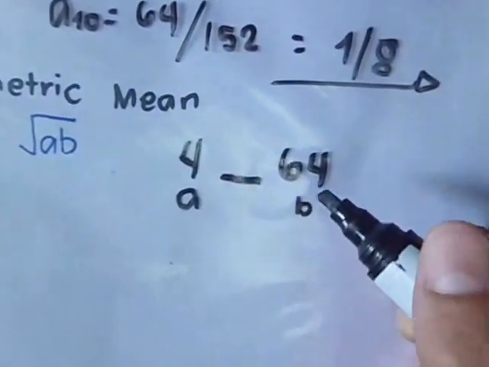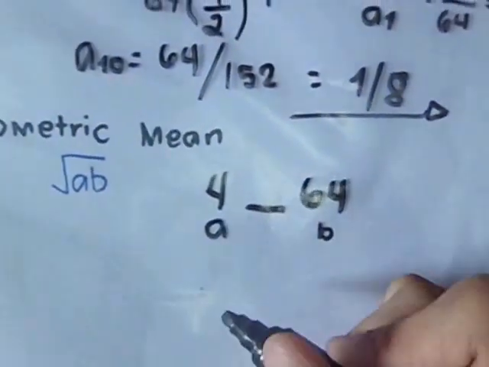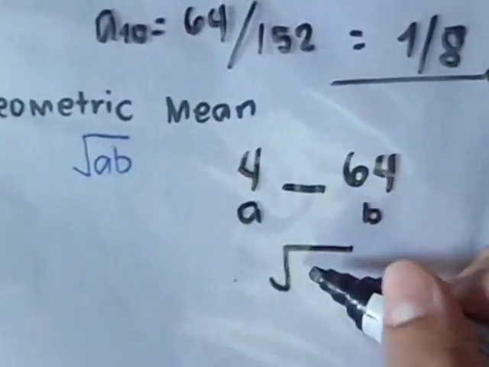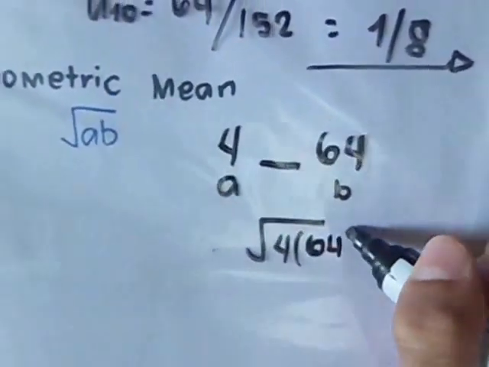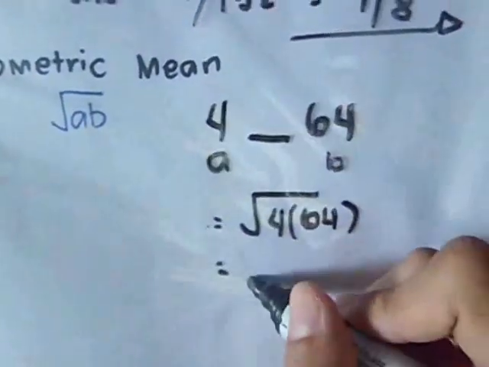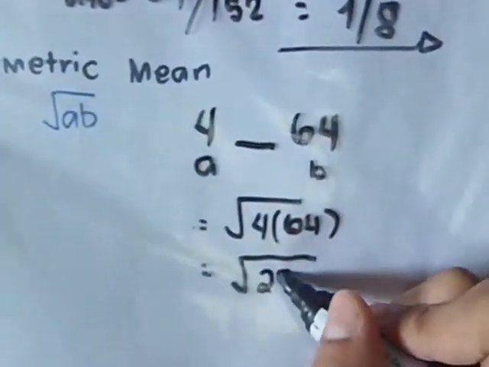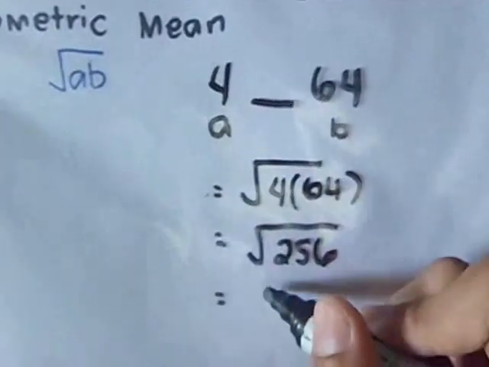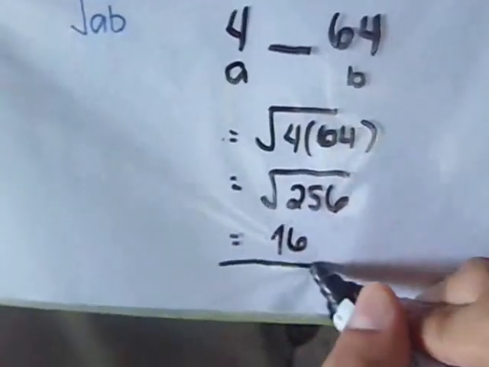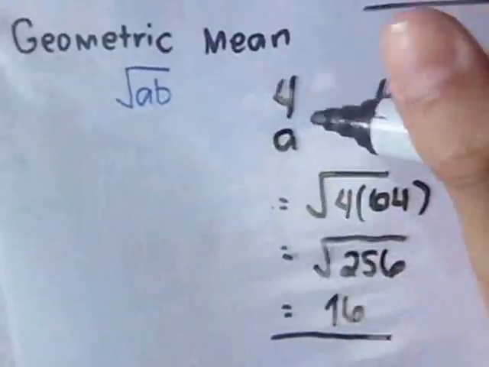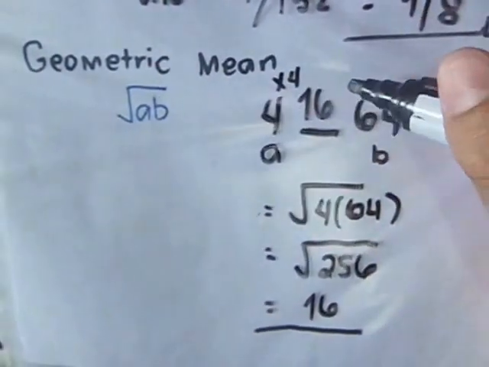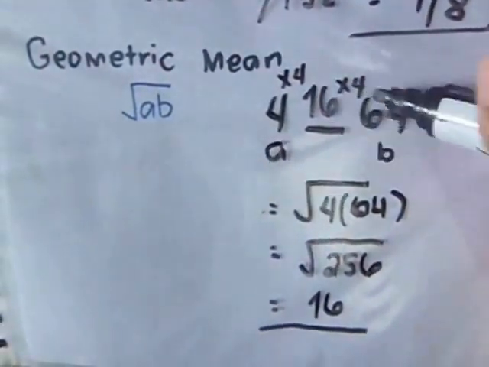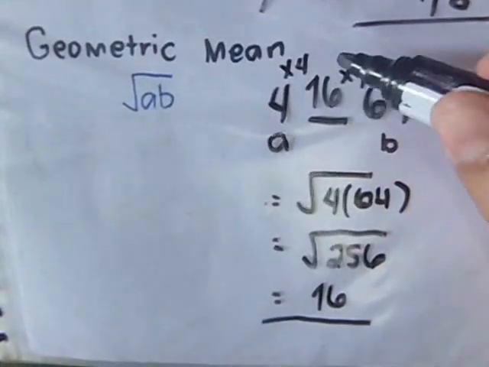In order to get the geometric mean between them, we have the square root of 4 times 64, which is equal to the square root of 256, which is equal to 16. Checking our answer, we will have 16 times 4 is equal to 64, and 4 times 4 is equal to 16.